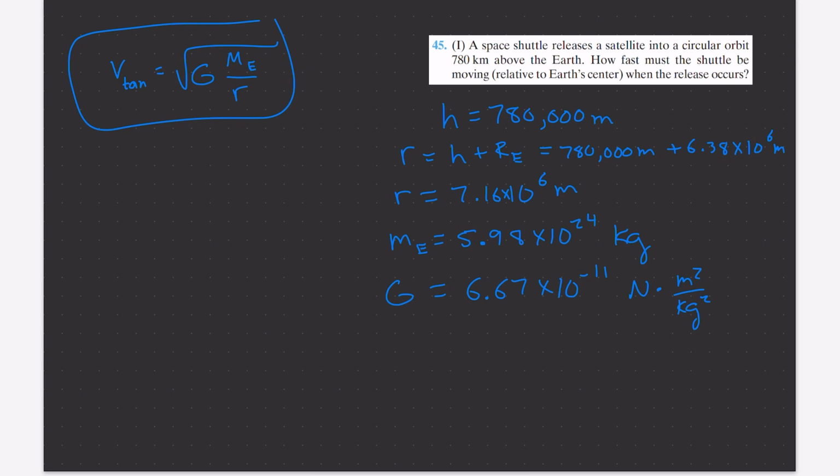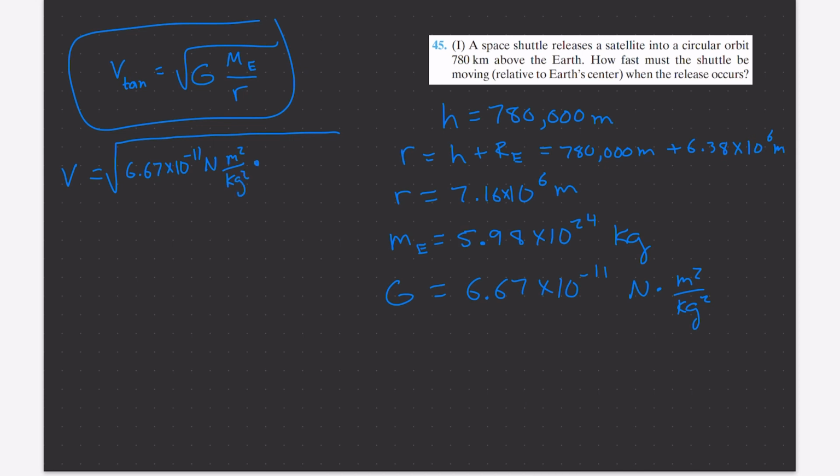All right, now it looks like we have everything we need to plug into our expression: big G, mass of the Earth, and the radial distance r, in order to get the velocity. So let's start plugging stuff in. I like to keep units with me as much as I can just to make sure everything is checking out properly. So this is going to be a big square root sign. I'm going to plug in 6.67 times 10 to the negative 11 Newton meters squared over kilogram squared.